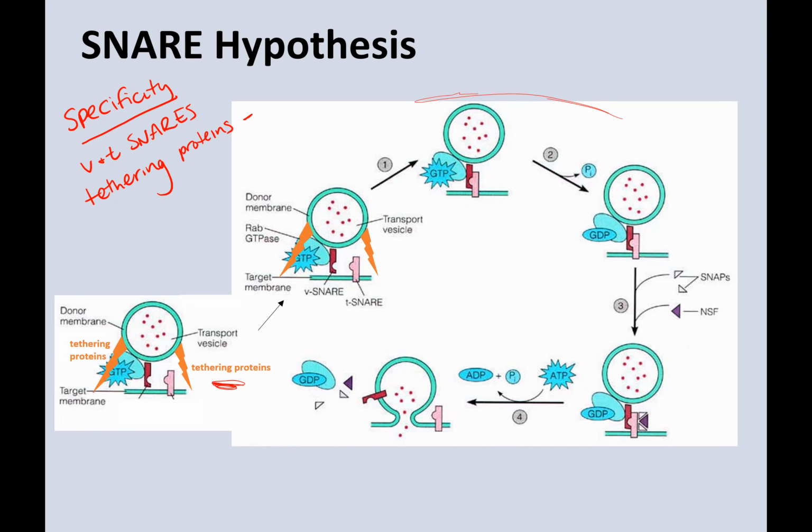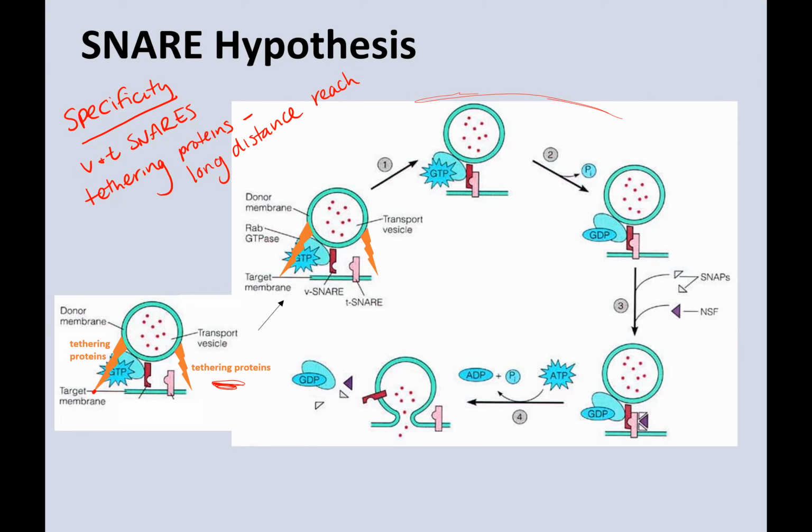So tethering proteins are on the target membrane, and they reach long distances. So they were actually the first to be able to interact with the vesicle. So it's like extending your hands to reach for a ball that's being thrown to you.